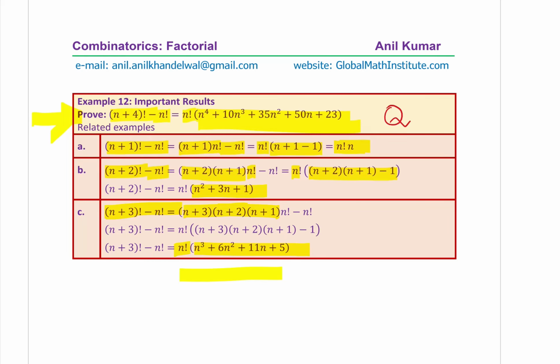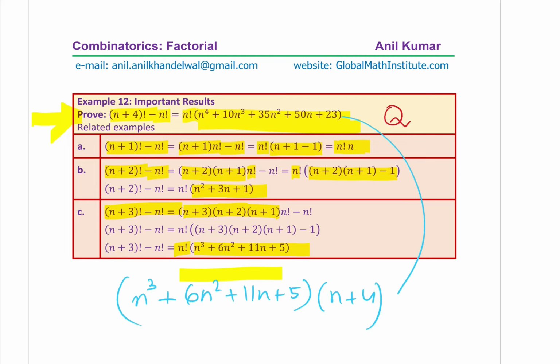So you can now multiply n cubed plus 6n squared plus 11n plus 5 with n plus 4. So that should be your answer, right? So you have here n cubed plus 6n squared plus 11n plus 5, and you could multiply that by n plus 4 to get your answer, which is given right there.